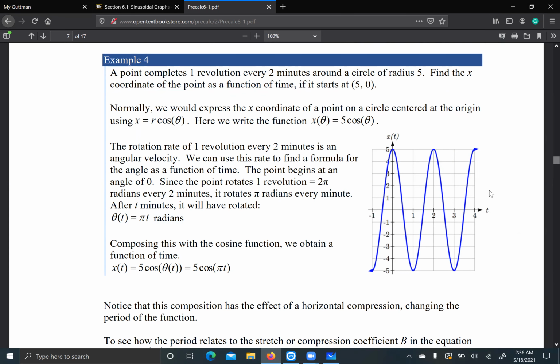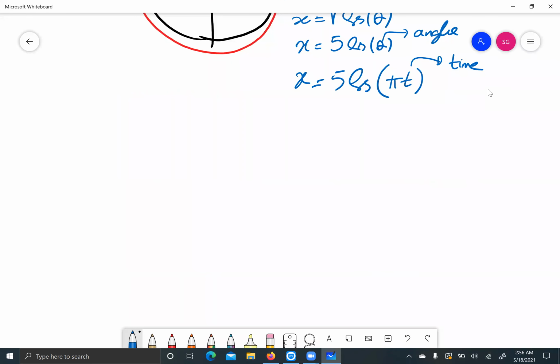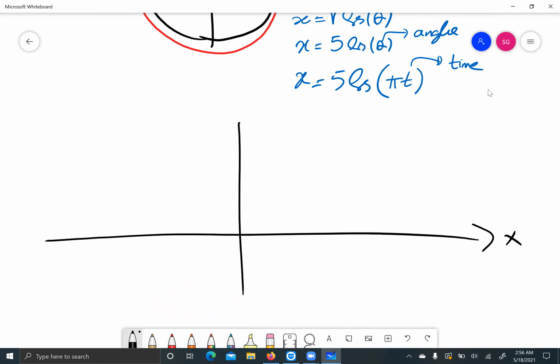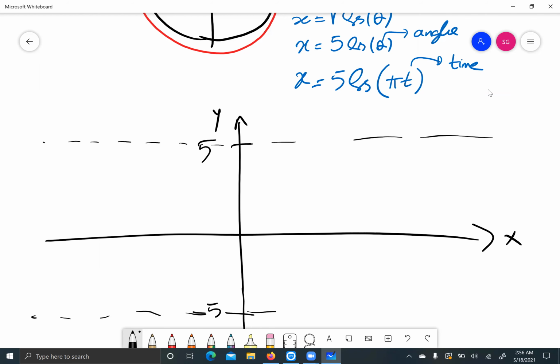If you want, I can also draw it here. Look, this is the graph. X-axis, y-axis. The rotation is between 5 and -5, right? The graph is a cosine graph, so it's going to be like this.